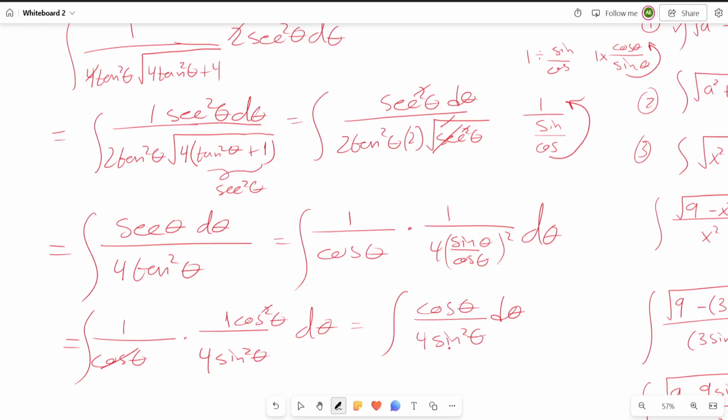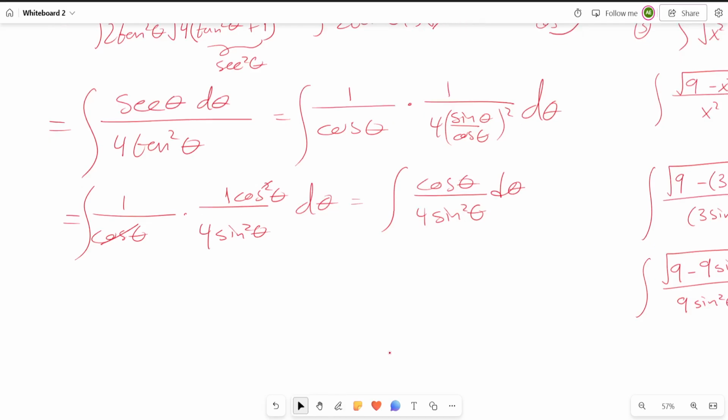Okay, so this integration now, this is what I have. I can see that this could be solved using a u substitution. How? I know that if I make u equal to sine theta, my du by d theta is going to equal cosine theta. And I have a cosine theta here, so that is perfect.